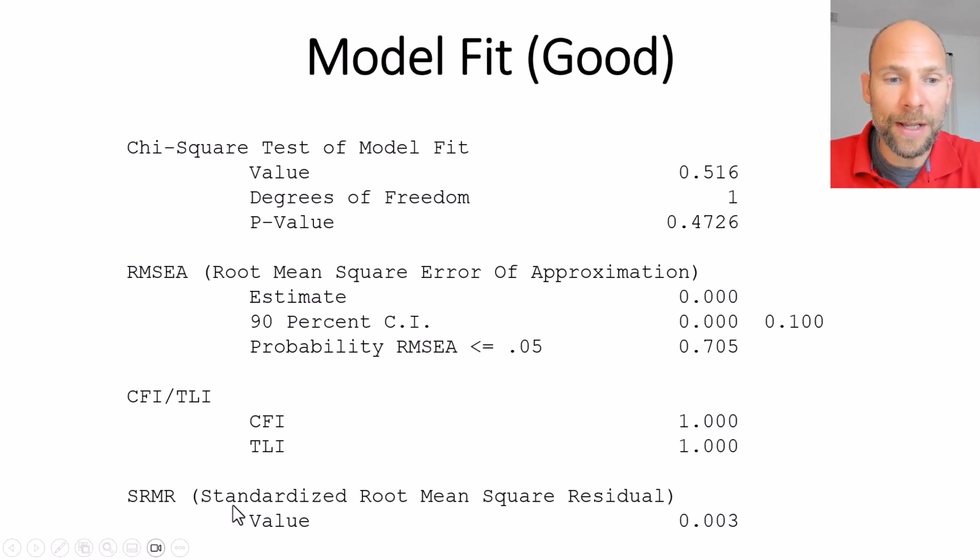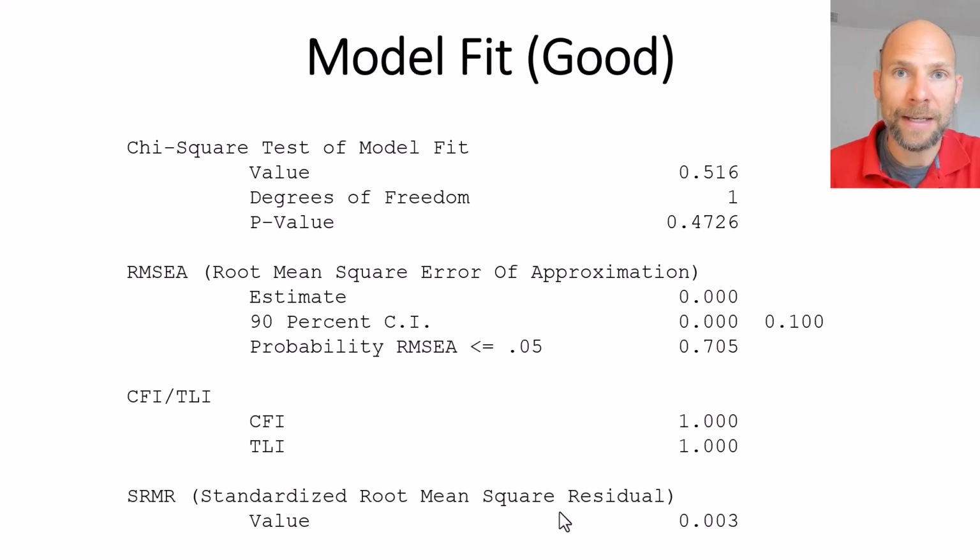And then also another index that is frequently looked at is the standardized root mean square residual, which is a summary measure of the residuals. The residuals here are the elements of a covariance matrix that looks at the difference between the observed and the model-implied covariances and variances, and so it summarizes, so to say, the discrepancy between model and data in a single index.